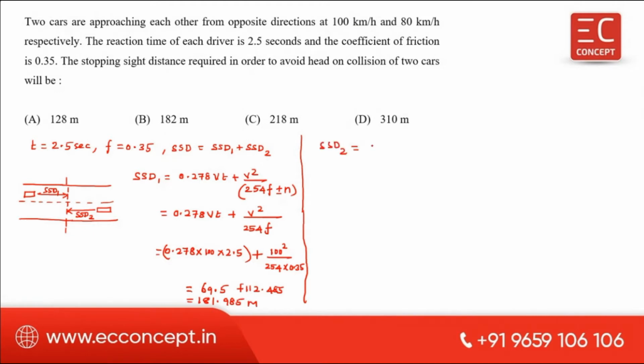Then SSD2 is equal to 0.278 Vt plus V square divided by 254F. So here V is 80: 0.278 into 80 into 2.5, plus 80 square divided by 254 into 0.35.